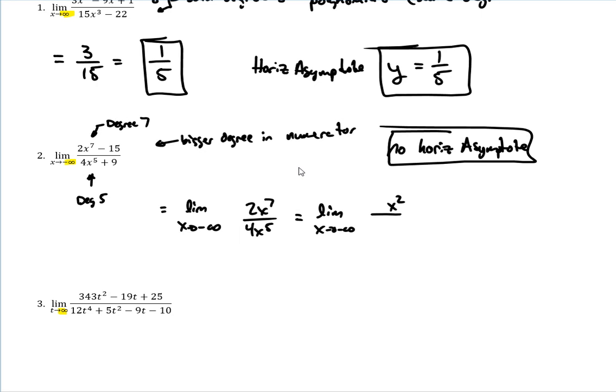X to the 7 and x to the 5th reduces to x squared because our powers subtract. 7 minus 5 is 2. 2 divided by 4 would put a 2 in the denominator. And then, if I plug negative infinity in now, negative squared is positive, and then divide by 2 is still infinity. Okay, so that's what the limit was.